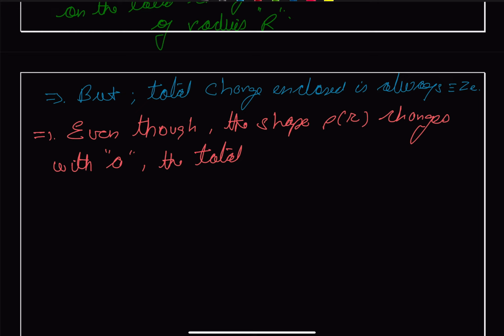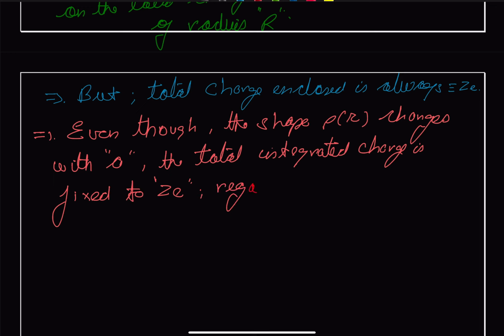The total integrated charge, integrated we are calling because it is a non-uniform distribution, is fixed to Ze, regardless of how it is distributed inside.